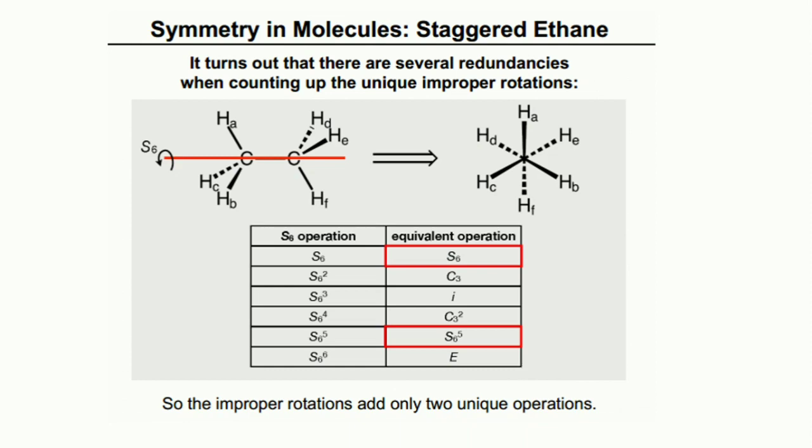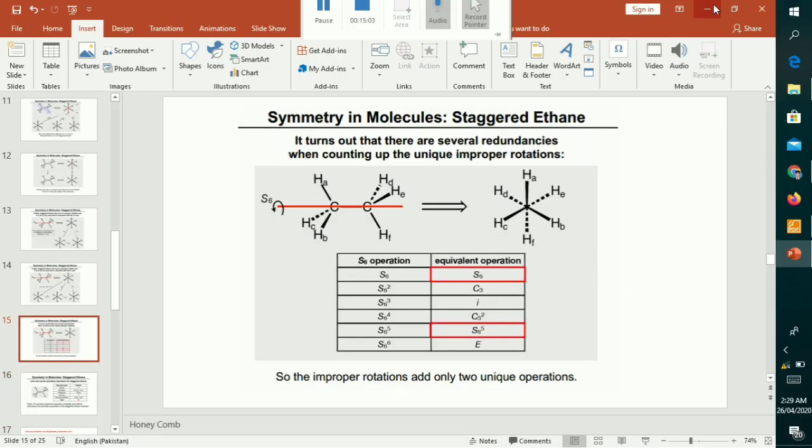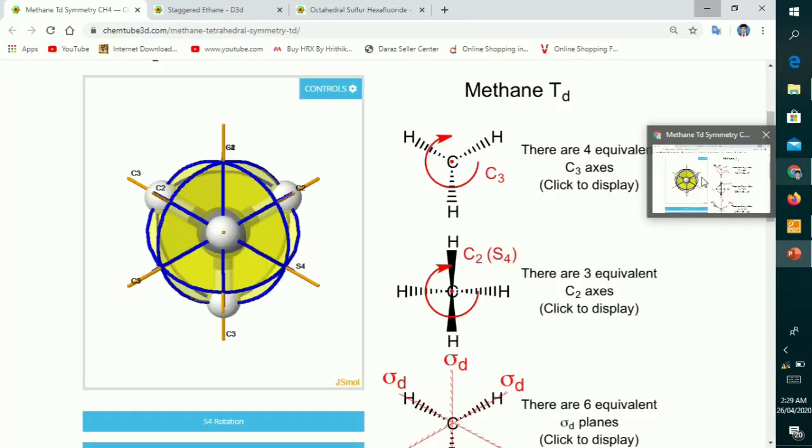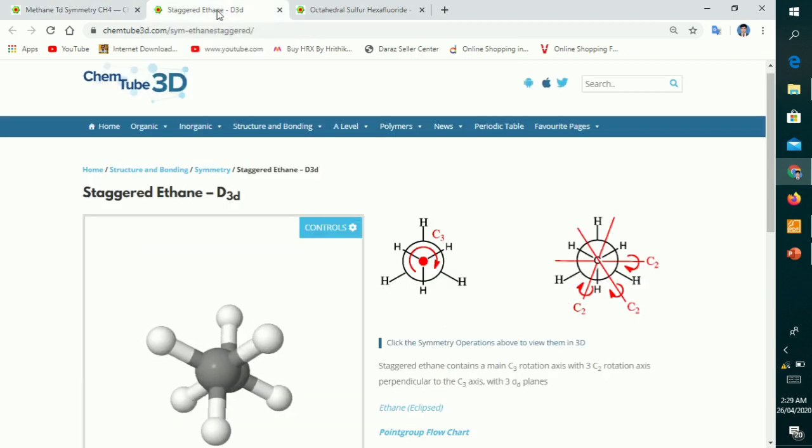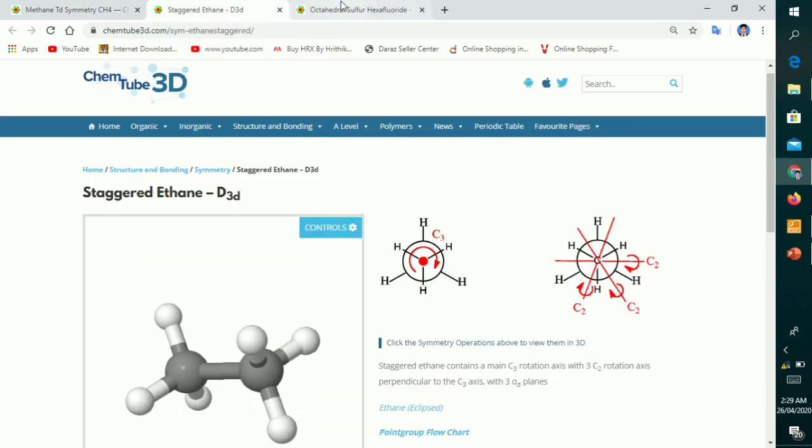From this staggered ethane molecule, I would like to show the three-dimensional structure of the ethane molecule. That would be quite helpful to study the effect of the different symmetry operations on the staggered ethane. So this is the molecule of staggered ethane.